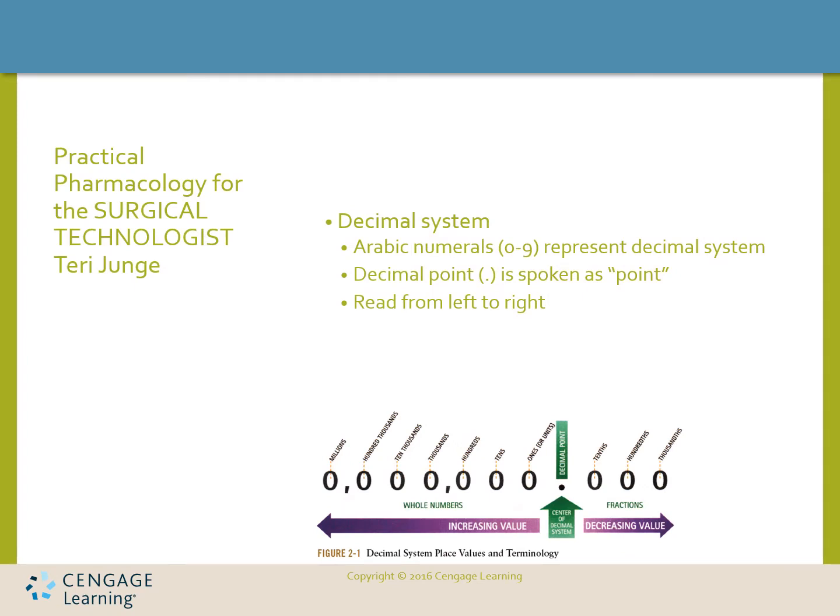So here's a good reminder and image to go along with the decimal system. Remember when we're reading it from left to right, we have our whole numbers to the left of the decimal, and this image starts in the millions, and then the 100,000s, 10,000s, thousands, hundreds, tens, and ones.